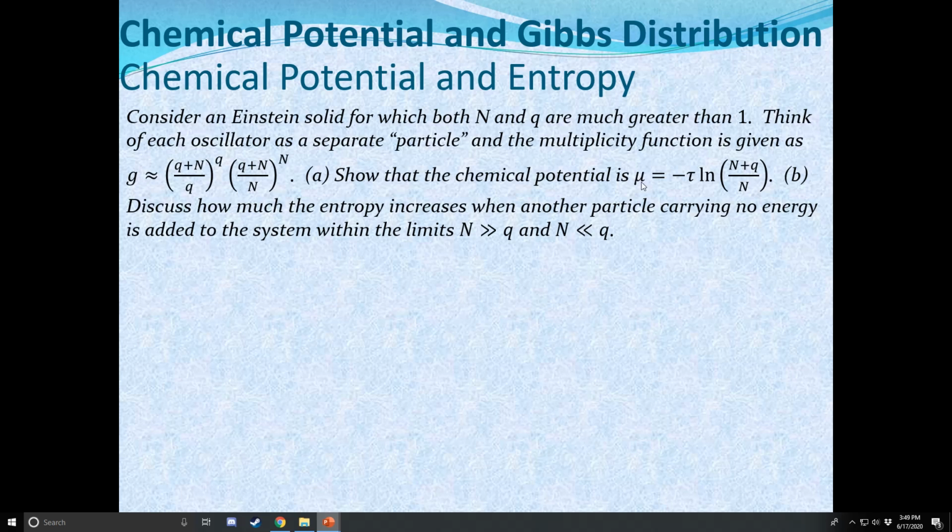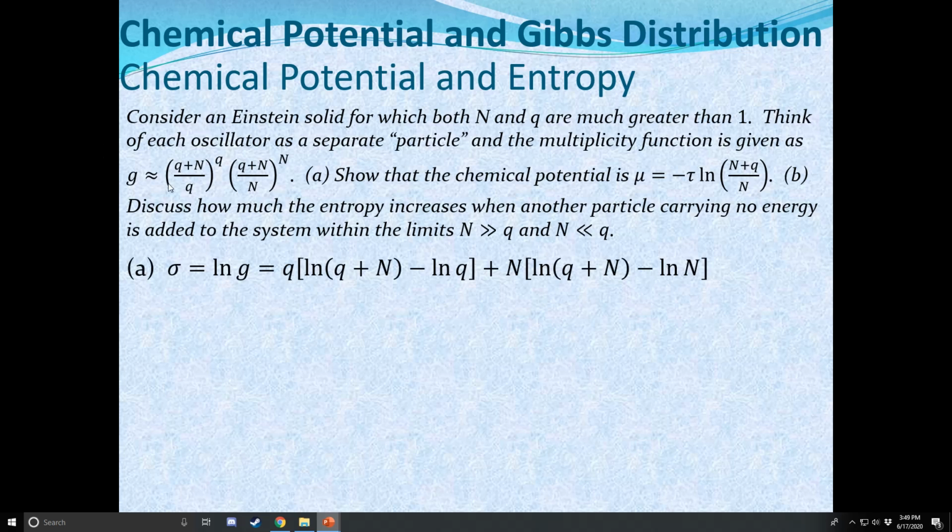Now, I actually know of one variable that is a nice bridge between these two terms, and that is entropy. I know a way to go from the multiplicity function to entropy, and I know a way to go from entropy to this. So that's what I'm going to end up doing. I'm going to do this, the entropy being equal to ln of g, plug this in and take the ln of it, and we get this whole mess.